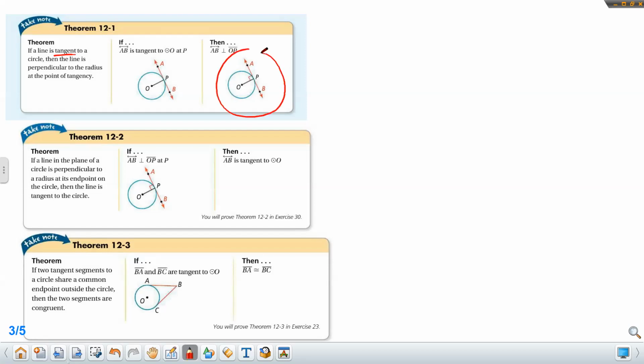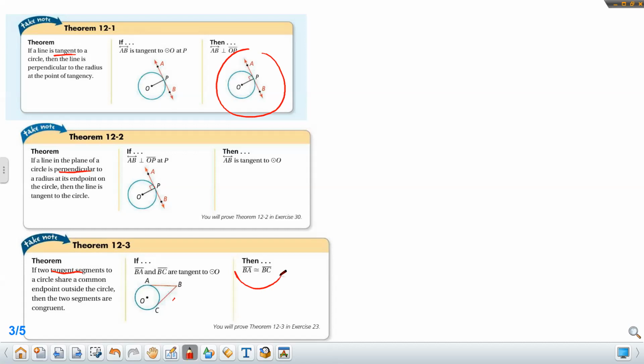Theorem 2: if a line in the plane of the circle is perpendicular to the radius at its endpoint, which is P, so if I say AB is perpendicular to OP, we can say AB is a tangent to the circle O. Theorem 3: if two tangent segments to a circle share a common endpoint outside the circle, like BA and BC, we can say BA is congruent to BC.